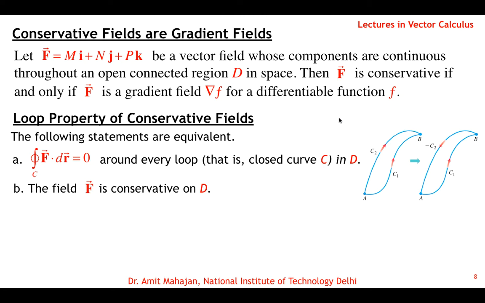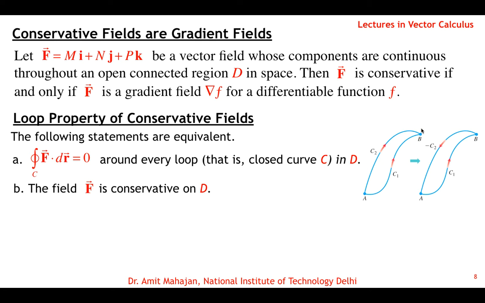Say you are given a domain D, and in the domain D there are two points A and B. Let there be two paths C1 and C2 from A to B which lie within the domain D. If the field is conservative, then the integral over C1 will be the same as the integral over C2.